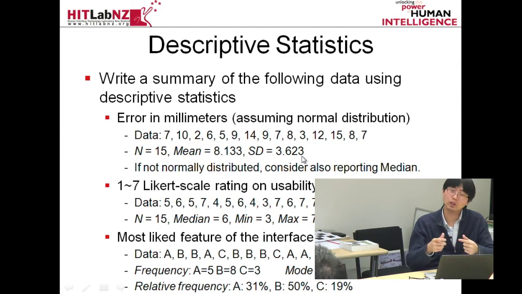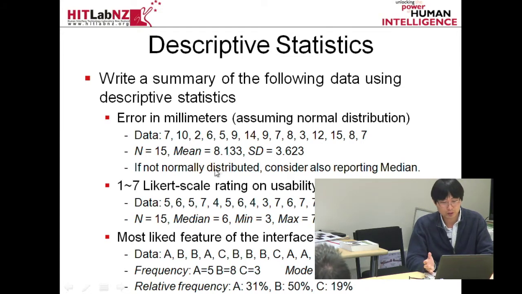If you report those two numbers, then the reader can basically replicate, although not fully, at least a similar set of data, since the normal distribution is known and well-defined. If you just give the mean and standard deviation, then you can pretty much get the same graph, or have a similar set of sample data. So that's pretty much enough.